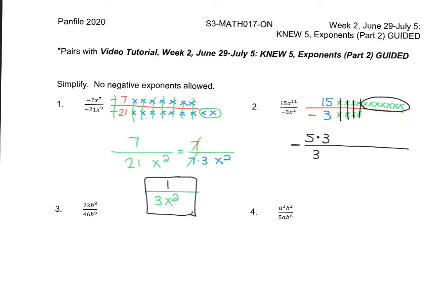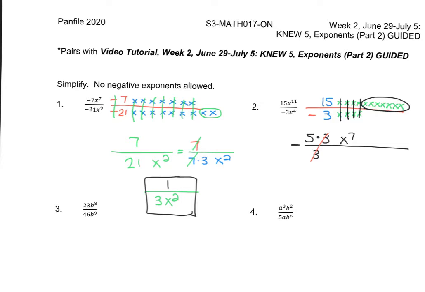I have a 3 on the bottom, and then I had 7x on top from my previous step. So the 3's cancel out or divide to 1, depending on what language you're using.